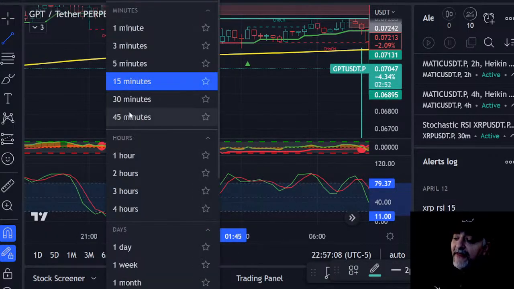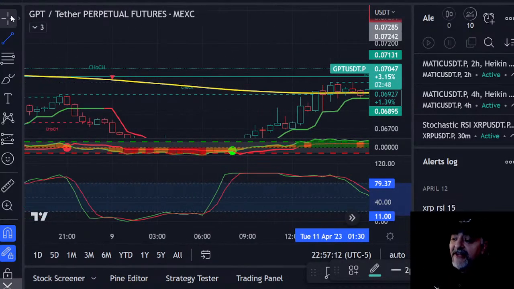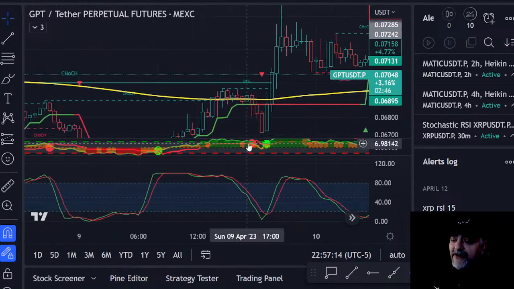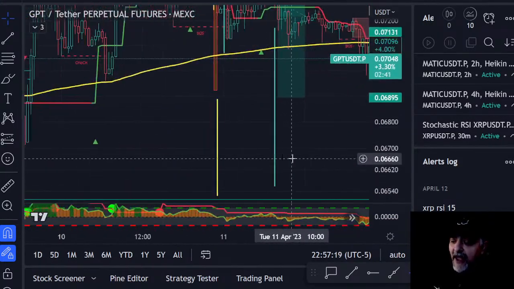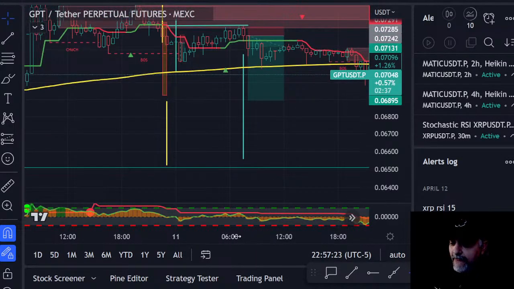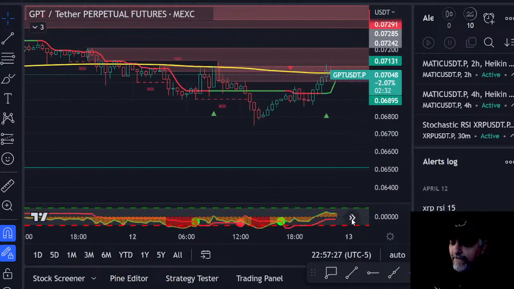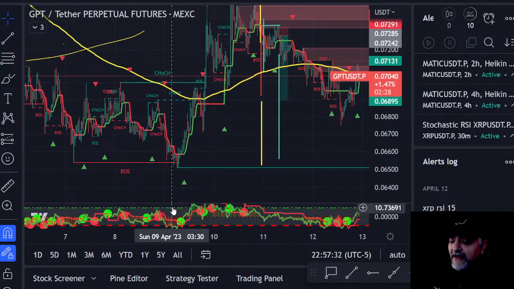I go back to my 30 to see if the 15 is going to chase the 30 or if the 30 is going to chase the 15, right? So when I do that, I can see right here on my RSI that we're starting to see a move here.